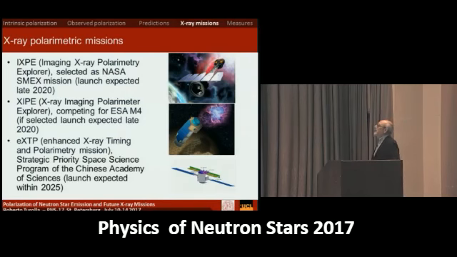And finally, there is a Chinese-led mission, which is called eXTP, Enhanced X-ray Timing and Polarimetry Mission, which is a strategic priority space science program of the Chinese Academy of Sciences, scheduled to fly within 2025.